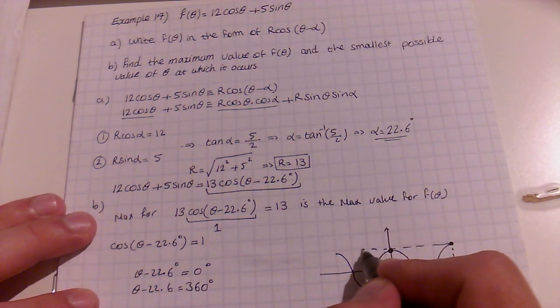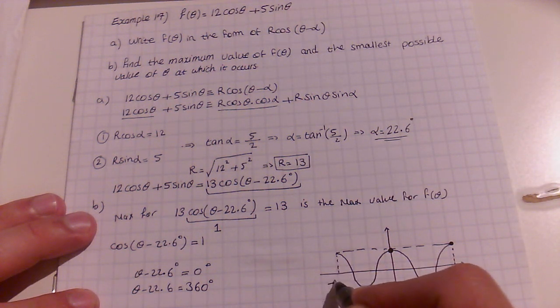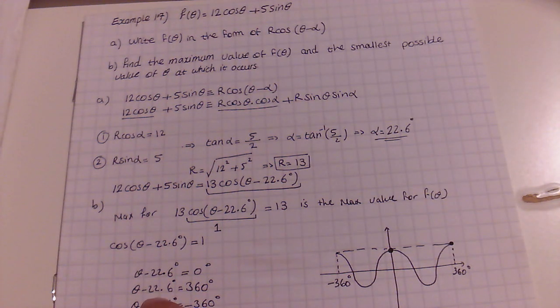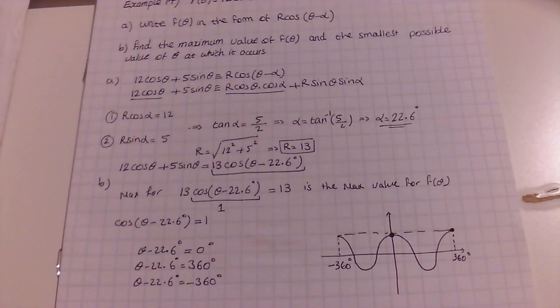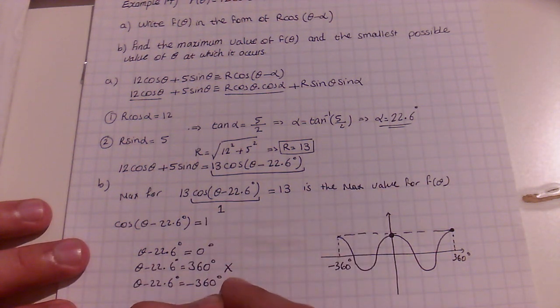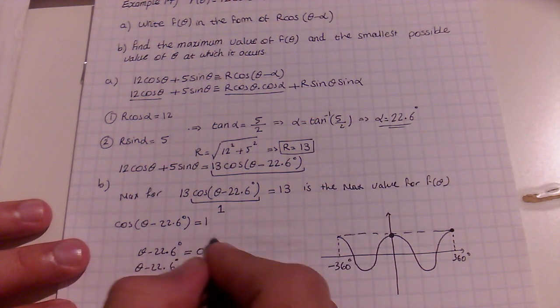Rather than finding the maximum value for 12 cos theta plus 5 sine theta, which is really complicated, we can work out the maximum value for this one: 13 times cos theta minus 22.6.